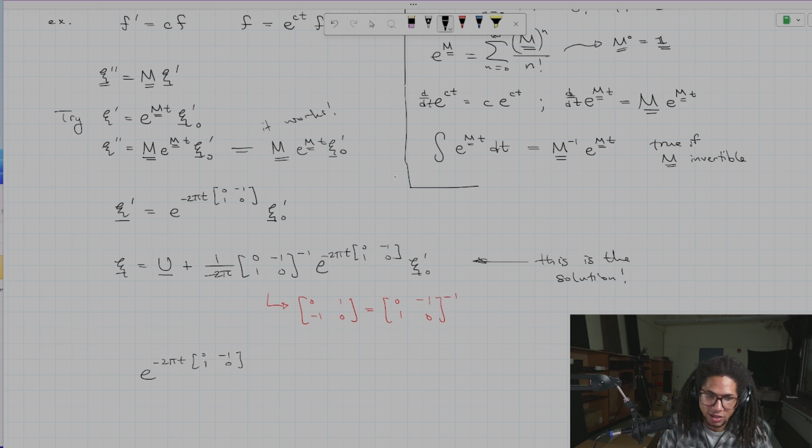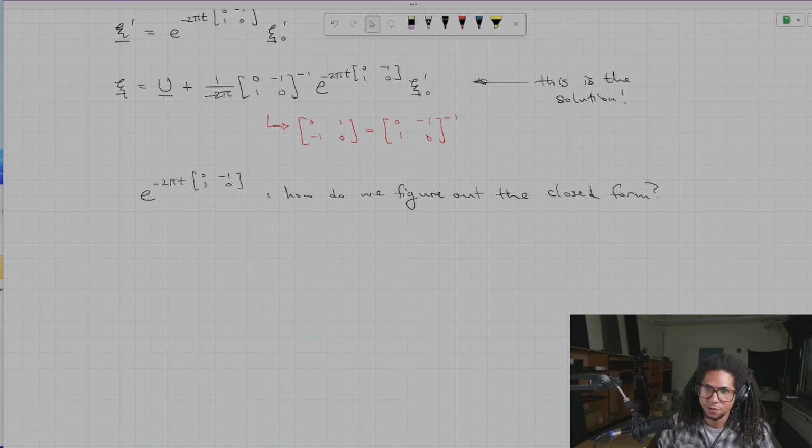Here we're going to need to use that this matrix 0 minus 1, 1, 0 is very special. How is it special? Well, I'm going to seemingly arbitrarily look at the matrix i times this thing.